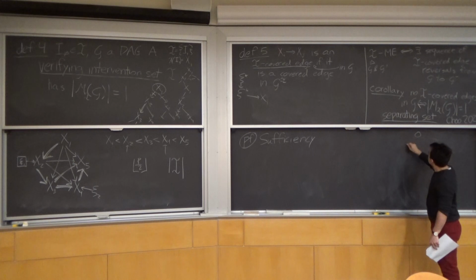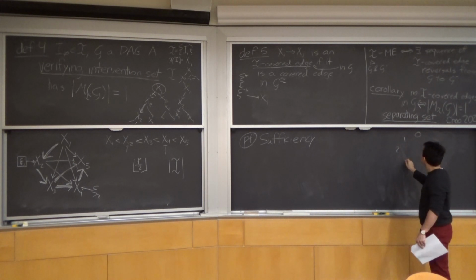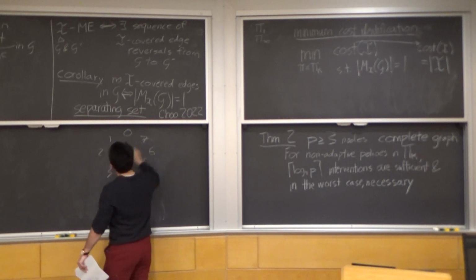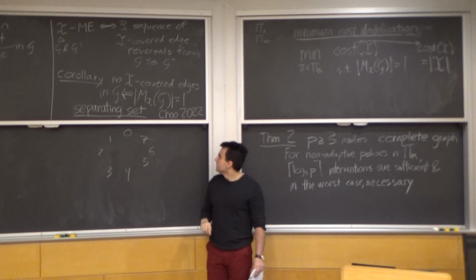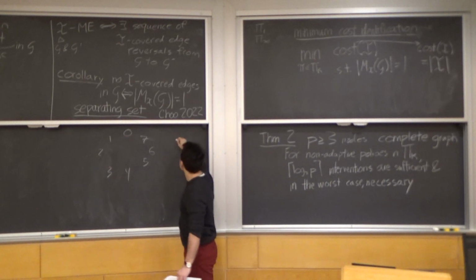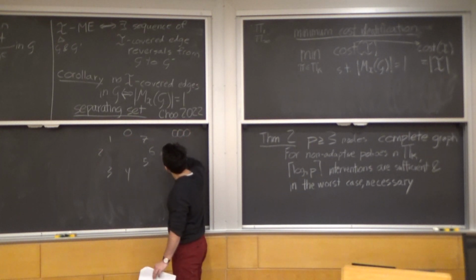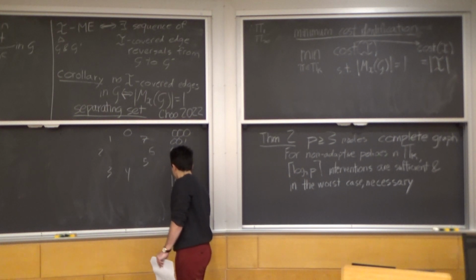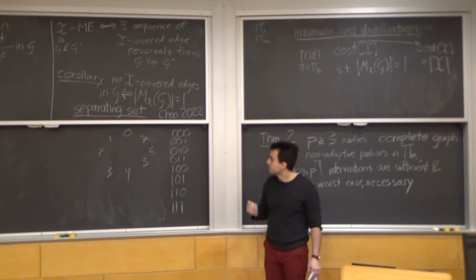So say that we have 0, 1, 2, 3, 4, 5, 6, 7. And then we convert these all to a binary representation. So we have 0, 0, 0, that's 0, 0, 0, 1, 0, 1, 0, and so on. And then this binary representation we're going to use to determine our intervention targets.